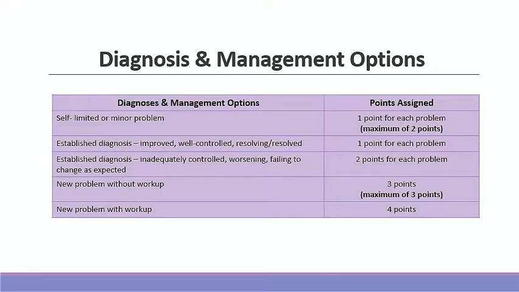The Marshfield tool states that credit is given as new problem to the examiner. The Marshfield tool is designed to give providers credit for the complexity of their thought processes. It gives more credit for handling a problem that the provider is seeing for the first time, even if that problem has been previously identified or diagnosed by another provider in the same group.